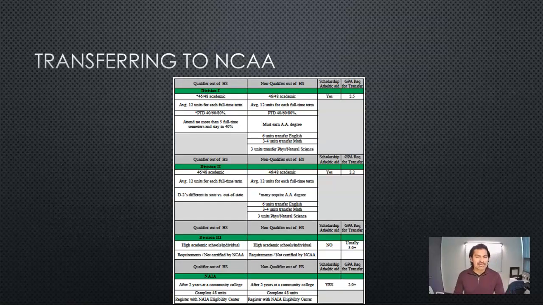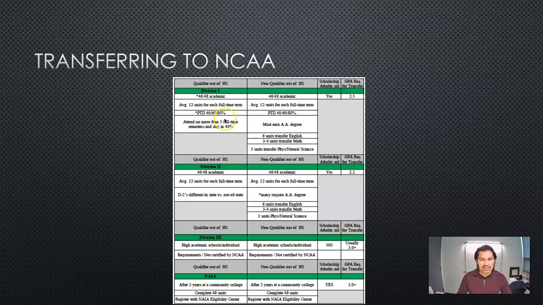And coming up in this next slide is a quick overview of how the transfer process works, or some of the prerequisites of transferring, depending on whether you're a qualifier or a non-qualifier coming out of high school. If you look at this chart, it breaks it down left to right, also depending on whether you're transferring to a D1, D2, D3, or NAIA school.